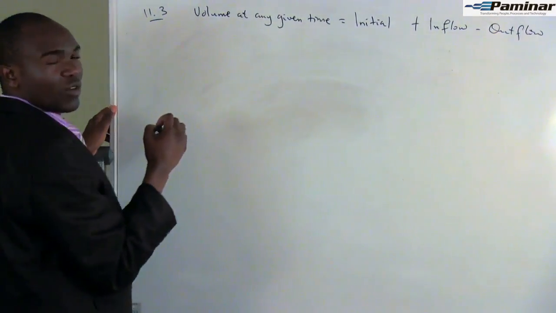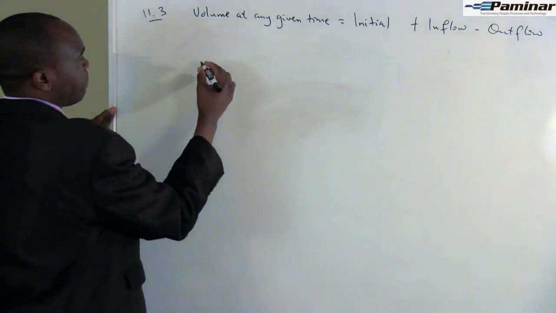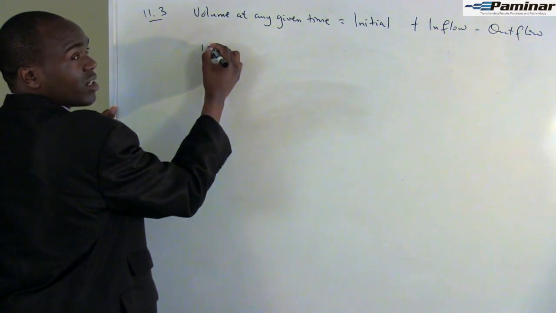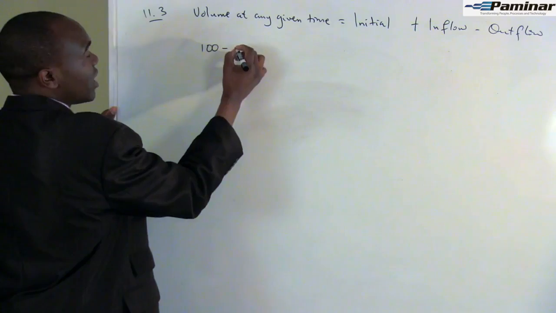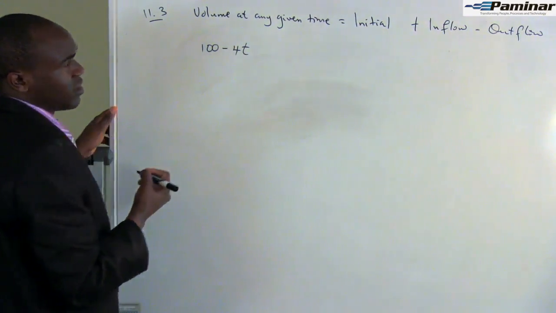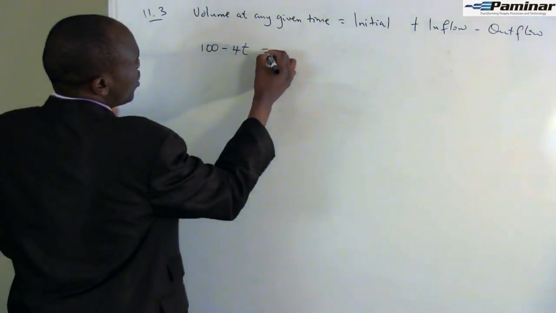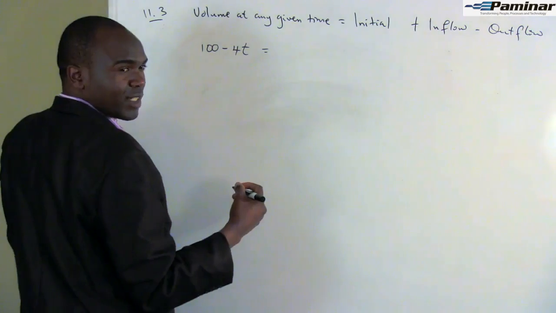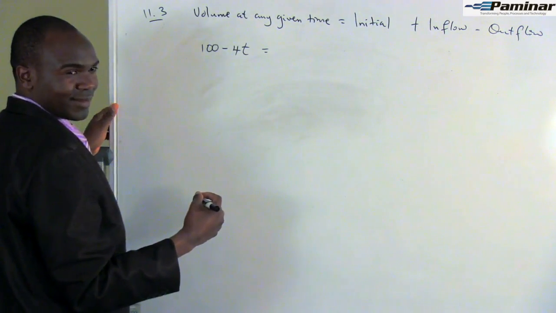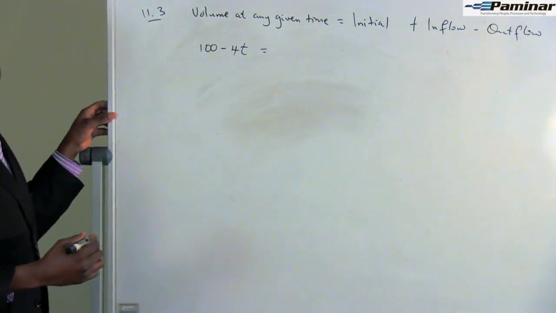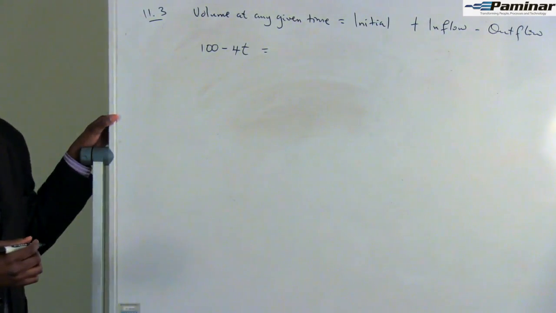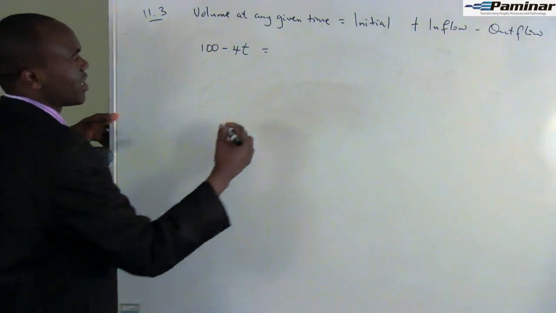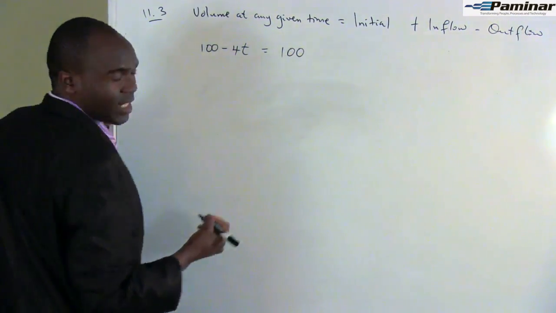So the volume of water at any given time was 100 minus 4T, which is equal to the initial volume. How much was the initial? 100 liters.